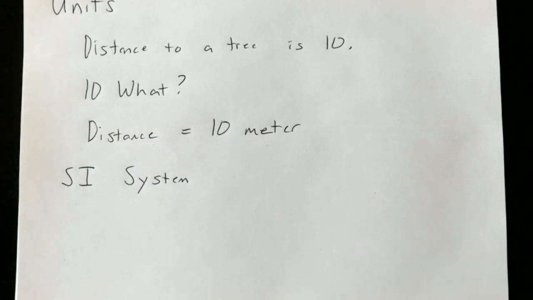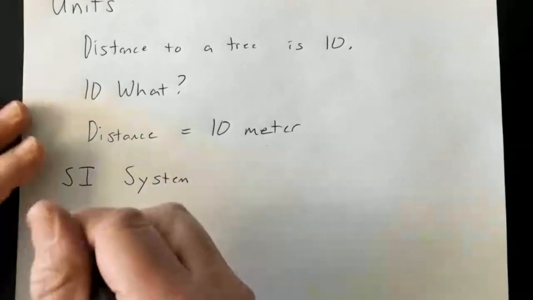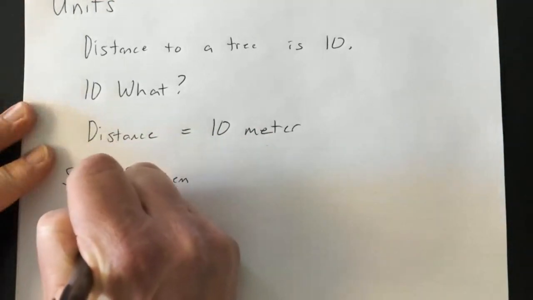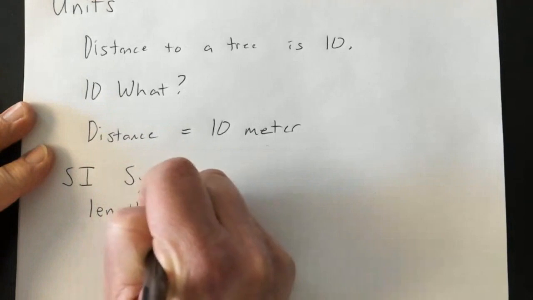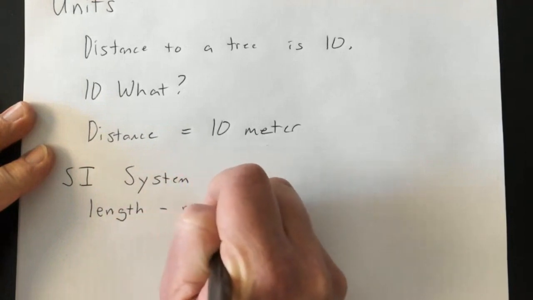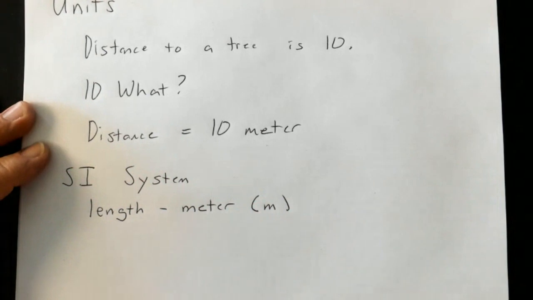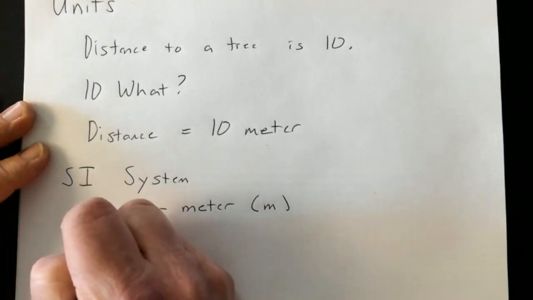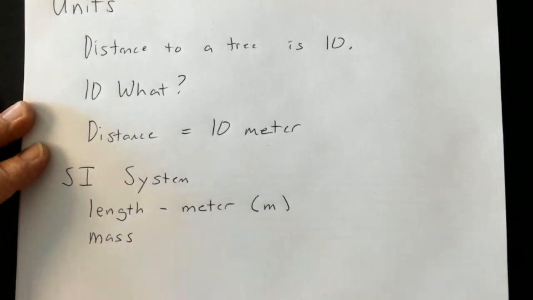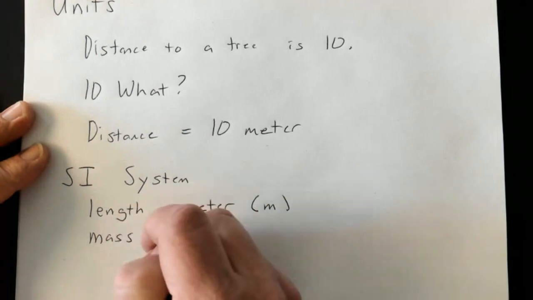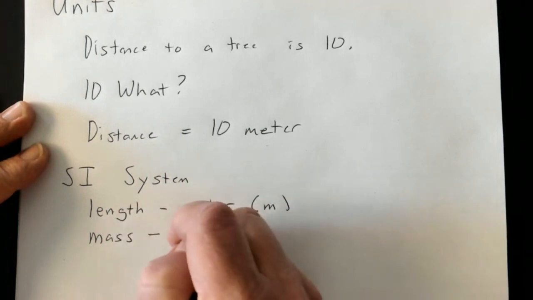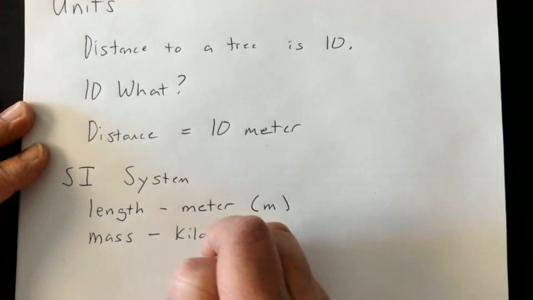The idea here is that the unit of length is defined as a meter, which we can abbreviate with a lowercase m. The unit of mass, and this is not force or weight or anything like that, is defined as the kilogram.